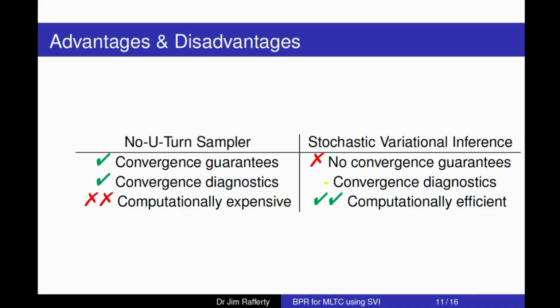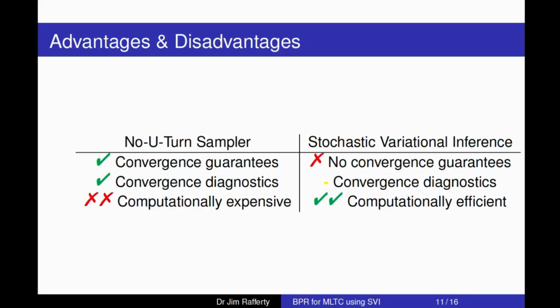As I said on the previous slide, there's absolutely no convergence guarantees in SVI, and in general the variational distribution that you find is not the true posterior. As I say, people have been working on these samplers for many years, so there's lots of convergence diagnostics available to check if your fit has converged for NUTS and for MCMC in general.